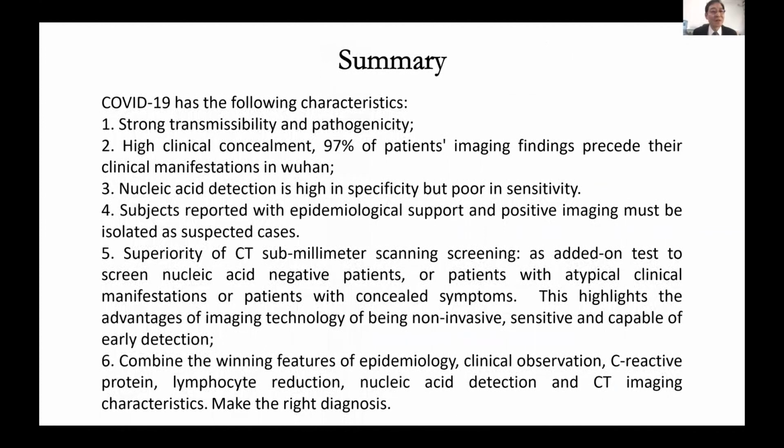Summary. COVID-19 has the following characteristics: stronger transmission ability and pathogenicity, clinical concealment. 97% of patients' image findings precede their clinical manifestation in Wuhan.